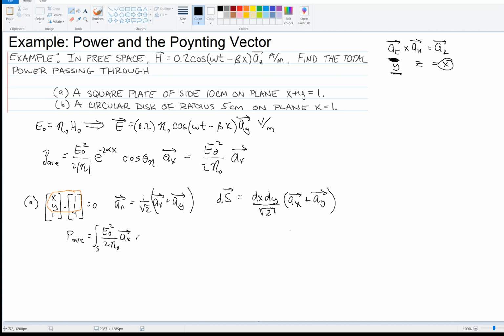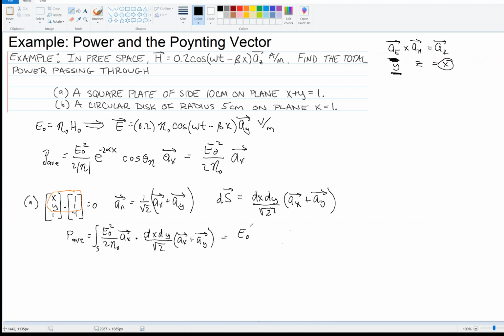Then we're going to dot that with our differential surface vector, dx dy over the square root of 2 times ax plus ay. Remember that the way the dot product works, ax dotted with ay is 0 because they're orthogonal. Ax dotted with ax is 1, so I pick up only the x component.